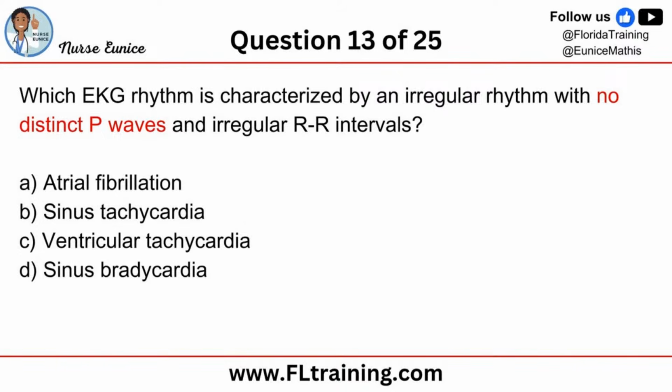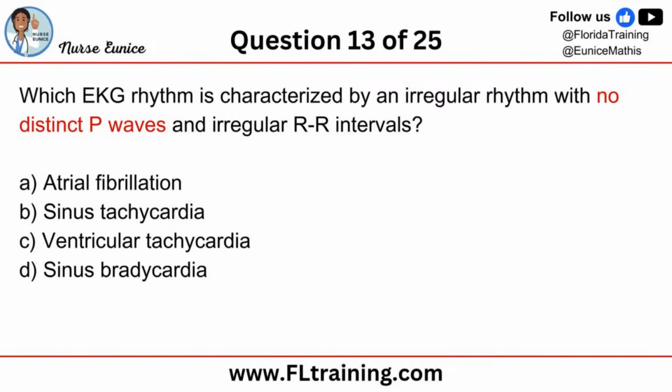Question number 13. Which EKG rhythm is characterized by an irregular rhythm with no distinct P waves and irregular R to R interval? Let me read this again. It didn't say no P waves, it says no distinct P waves and irregular R to R intervals.